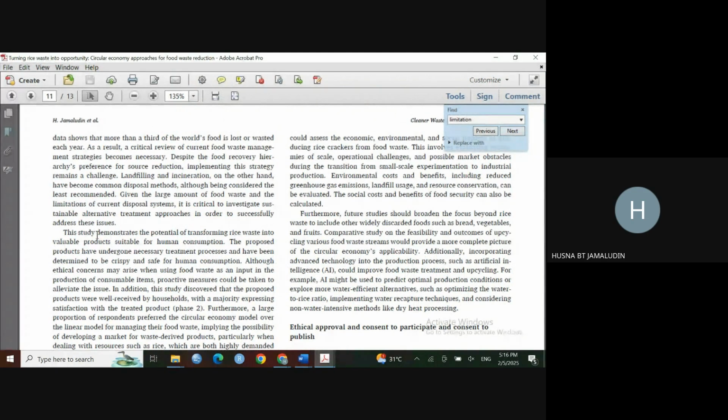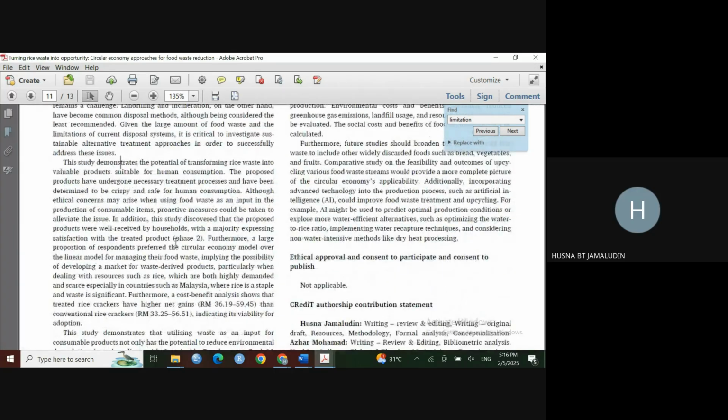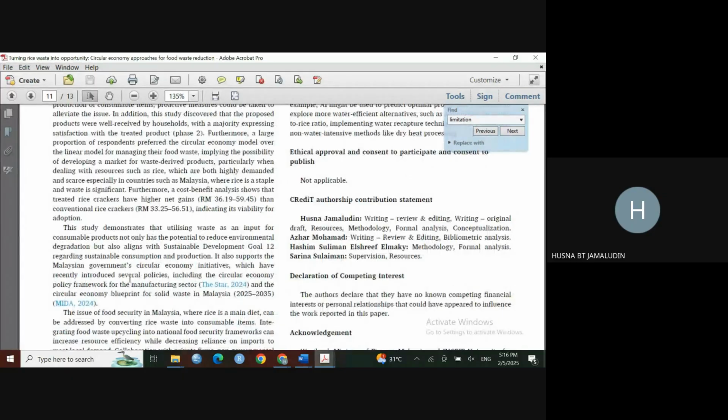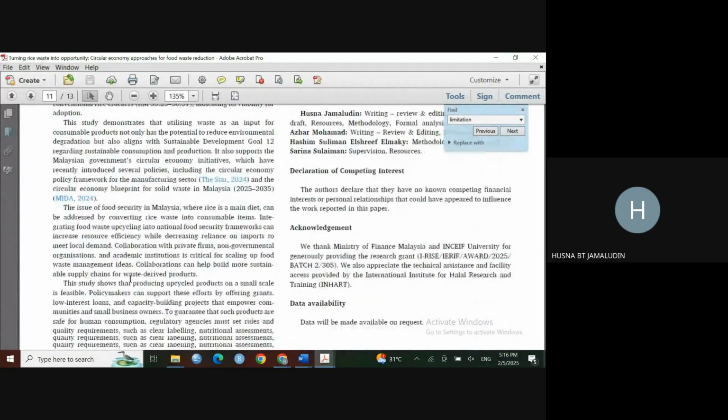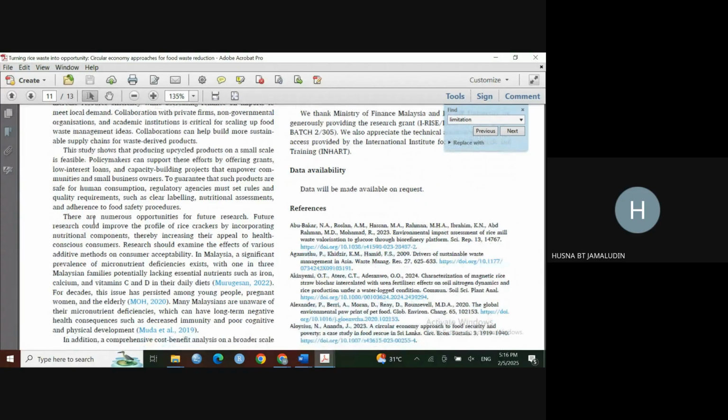In this case, because we are doing an experiment, instead of putting limitation, we are saying that there are numerous opportunities for future study. Instead of saying this is our limitation, we are using a nicer word: there are actually many opportunities for future study.